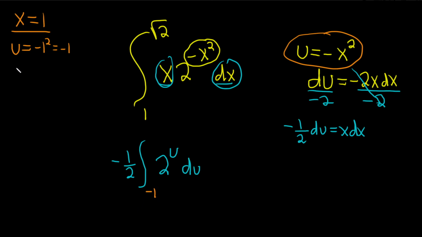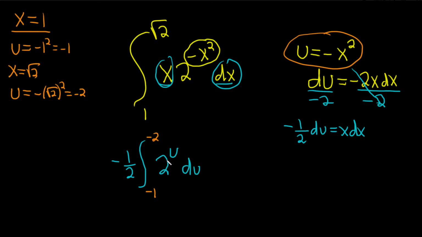Let's do the upper limit. So when x is the square root of 2, u is equal to negative square root of 2 squared. Okay, so you square the square root of 2, you just get 2, so it's negative 2. So that's going to go there. All right, so now we integrate this.